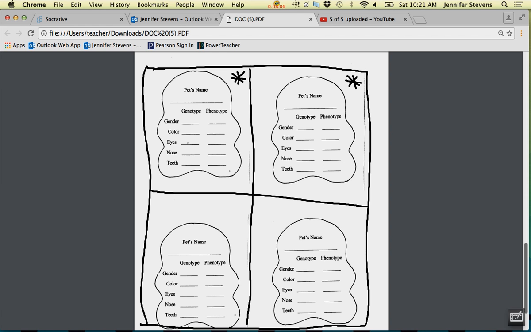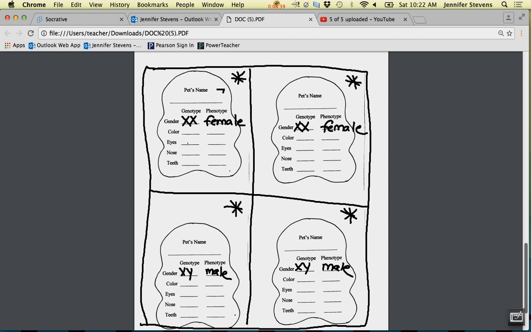Whatever is on the top right, you put on this one, lower left, and then lower right. So for instance, with the gender one that we did, we would have XX, female here. This one is XX, female here. This one would be XY, male. And this one would be XY, male. And then you go through the other Punnett squares.